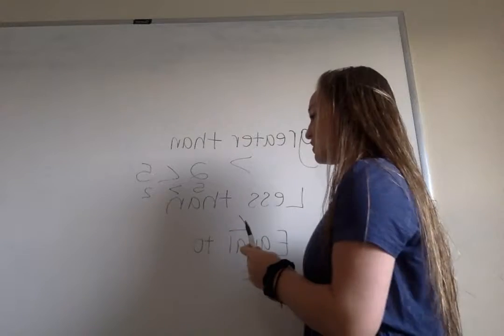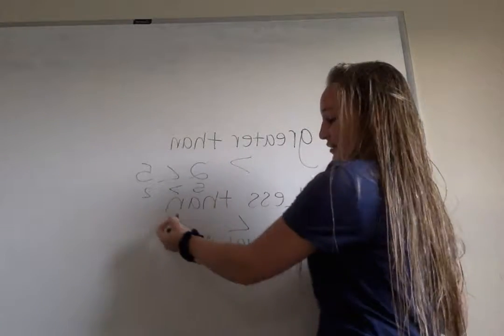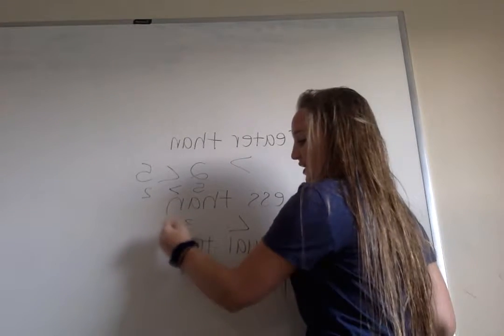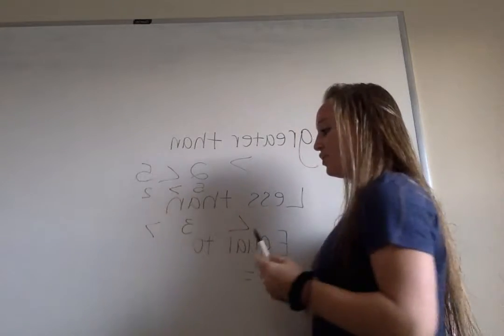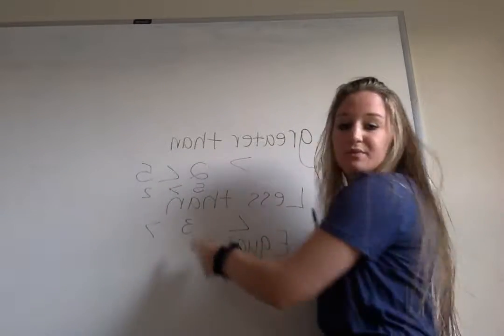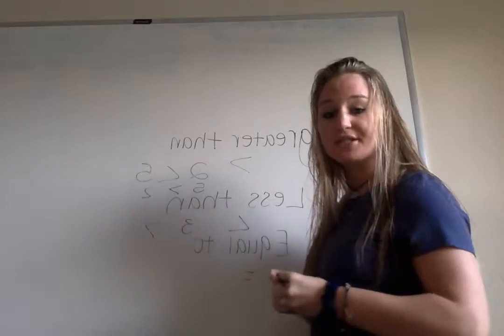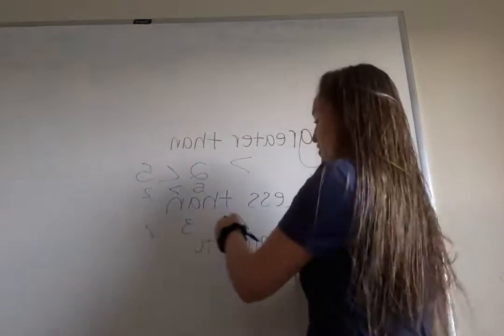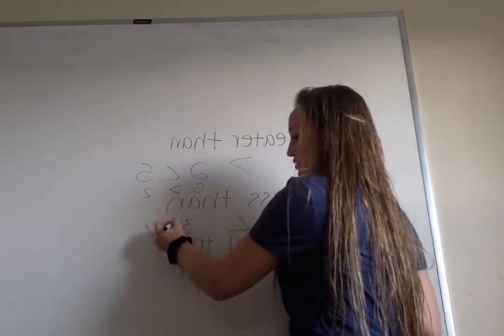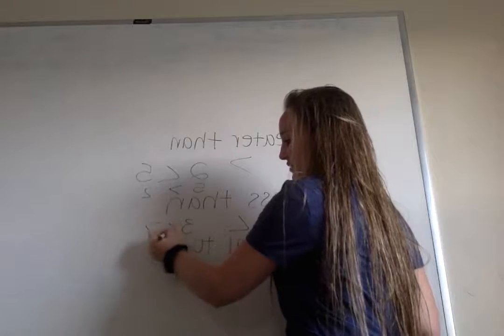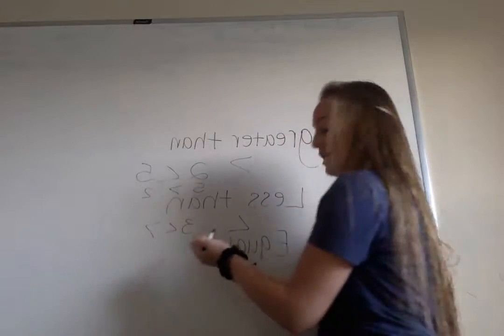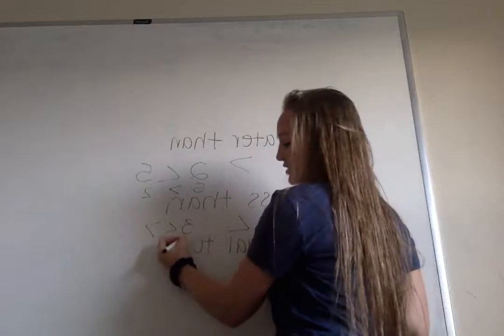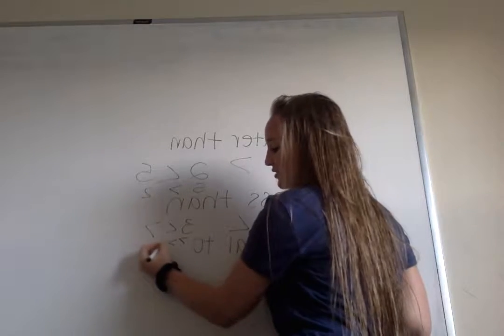So for less than, if we had the numbers 3 and 7, we know that 3 comes before 7 on a number scale. So 3 is less than 7. So with the less than sign, we would eat the 7 because 3 is less than it. So the alligator mouth, and you can rewrite these either way. So 7 is greater than 3.